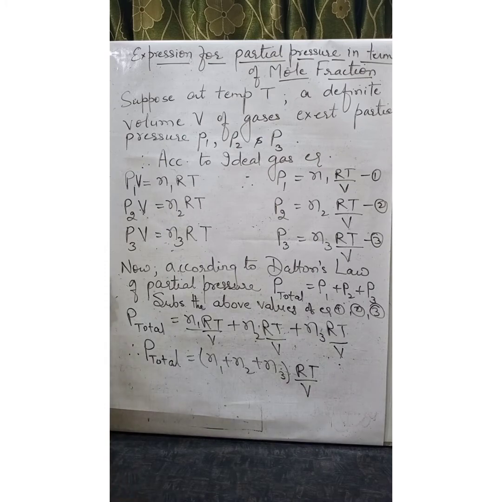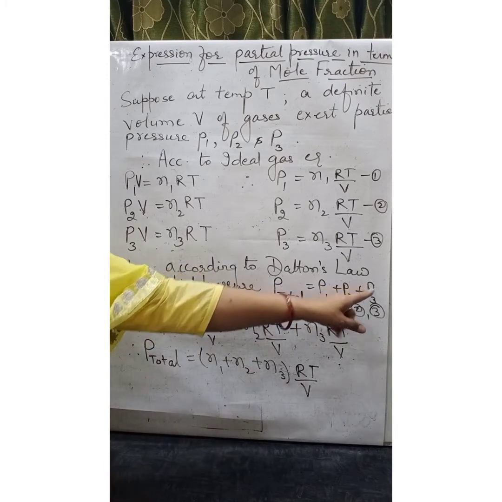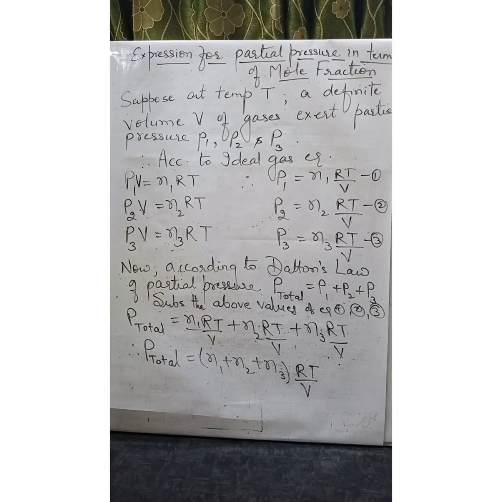Now, according to Dalton's law of partial pressure, the total pressure exerted by a mixture of non-reacting gases is the sum of partial pressures of each gas. Therefore, P total is equal to P1 plus P2 plus P3.